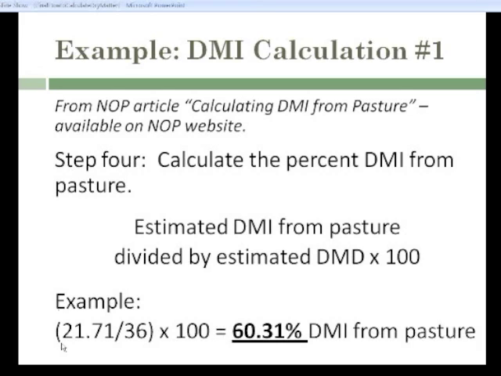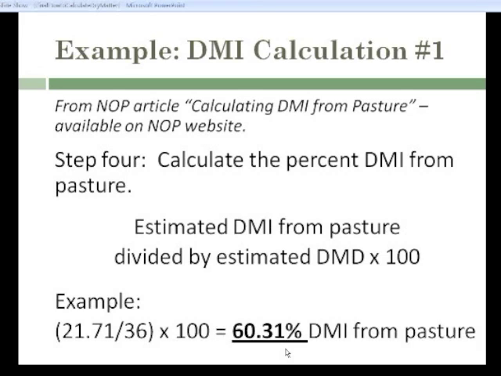So the part is the pounds from pasture, 21.71. We're going to divide that by 36, which is the dry matter demand, and multiply times 100. And in this case, this calculation is showing that this farmer is getting 60.31% dry matter intake from pasture.